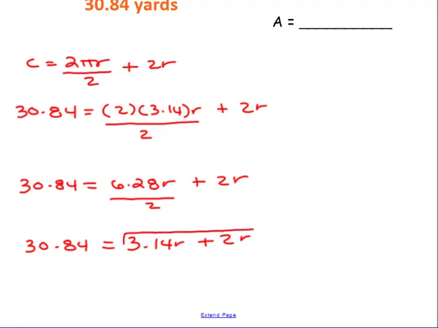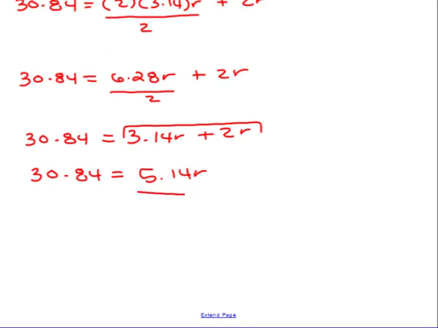Now I'm going to combine these like terms. 30.84 equals 5.14r. I want my r by itself, so I'm going to divide both sides by 5.14. Get my calculator.